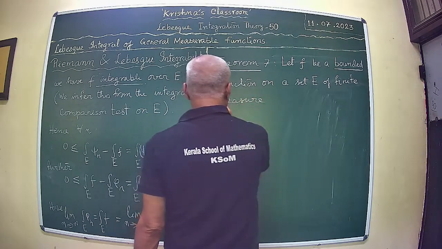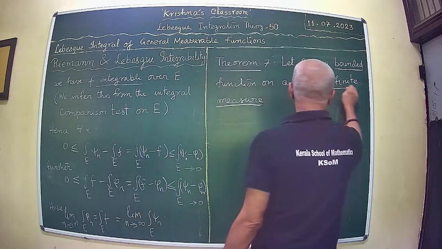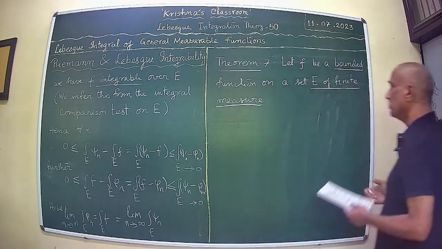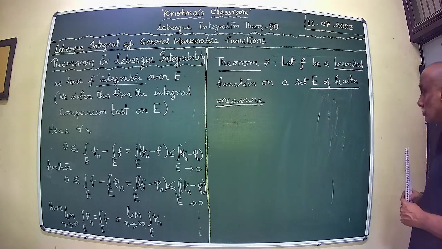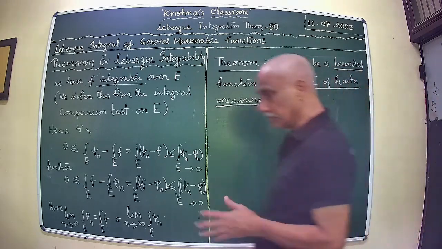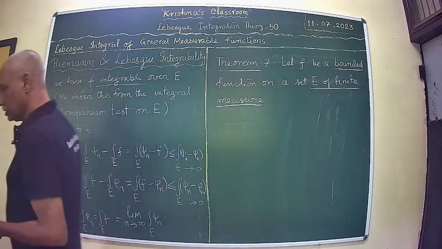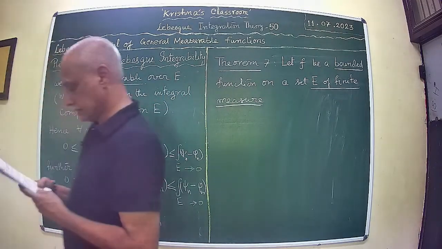So we are assuming that E is measurable and is of finite measure, and f is a bounded function defined on a set of finite measure.